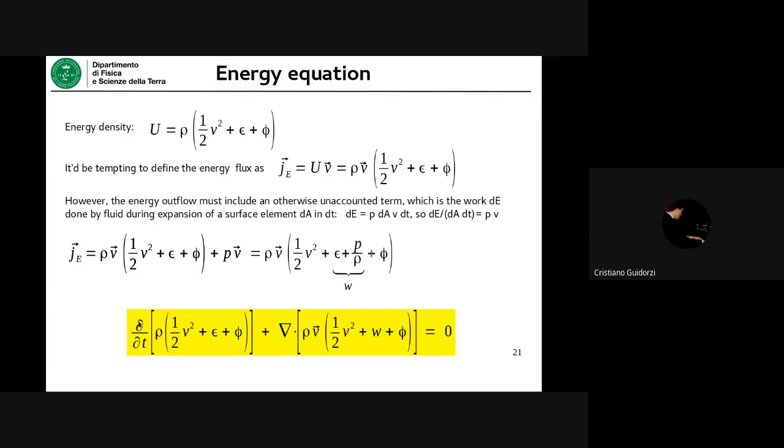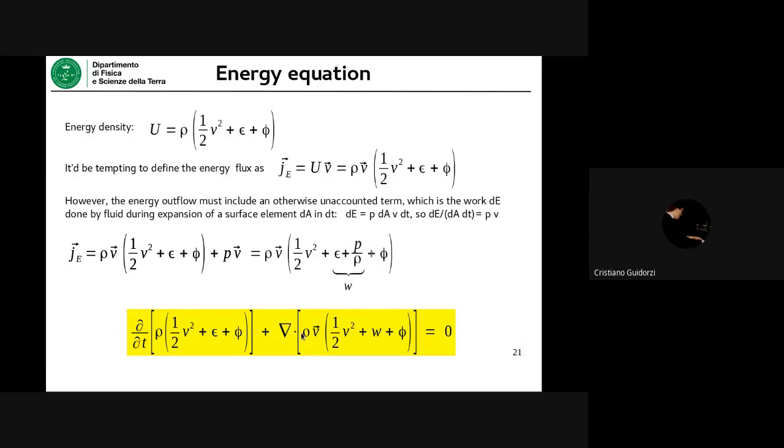So it's indeed the partial time derivative of the energy density, which we call capital U, plus the divergence of the energy flux, which is rho V times U plus the extra term, which is PV.